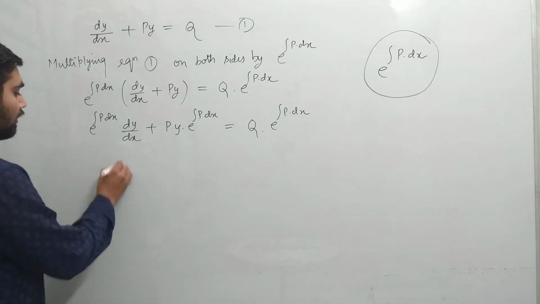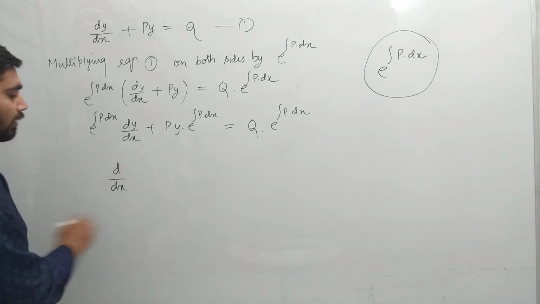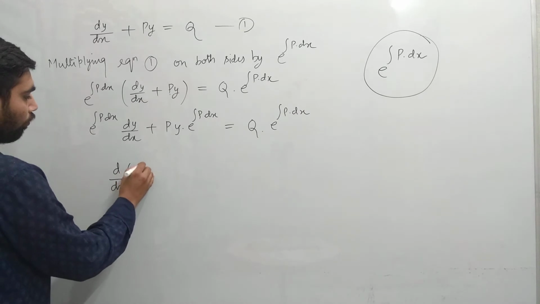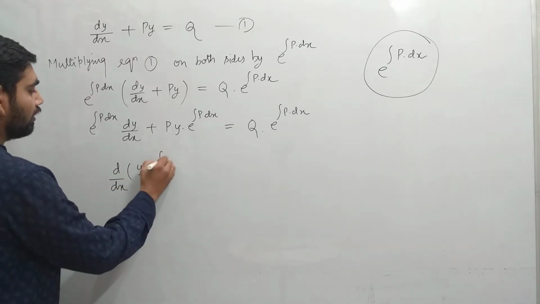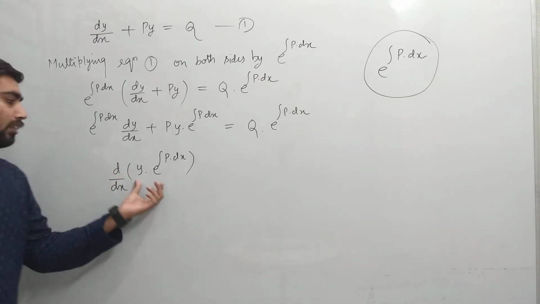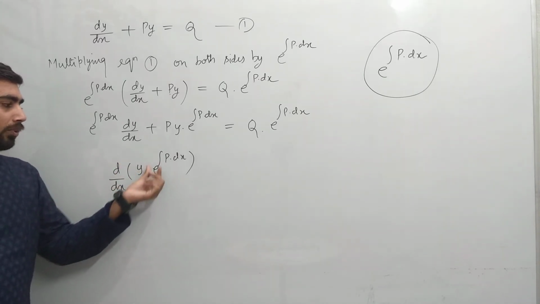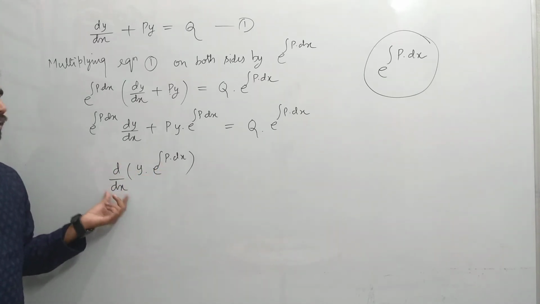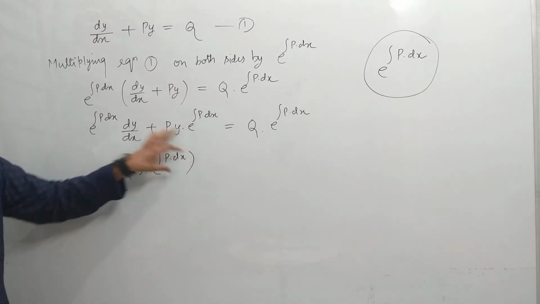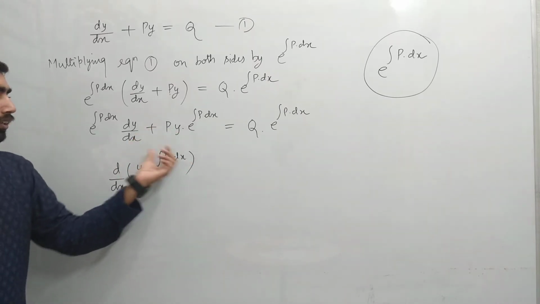If we differentiate with respect to x the product of y and e to the power integral P dx, then what happens? Y will remain as it is, and we will differentiate the term e to the power integral P dx.